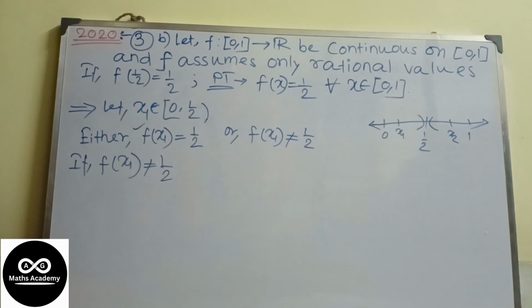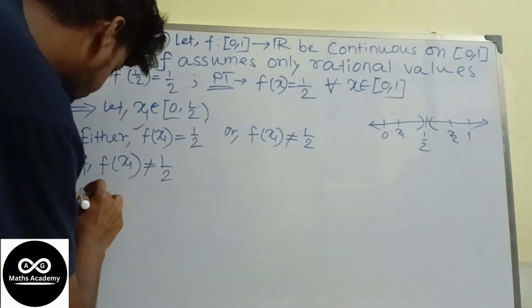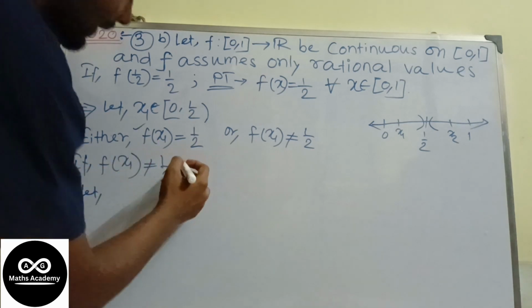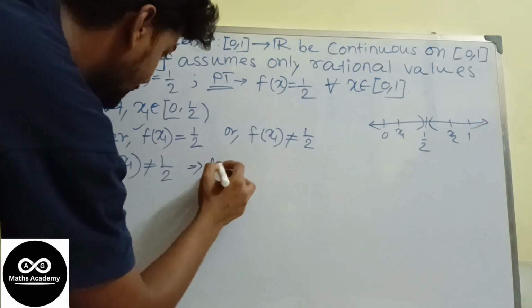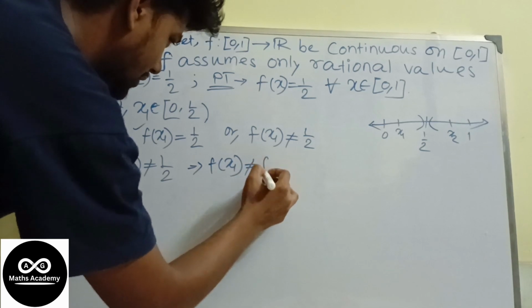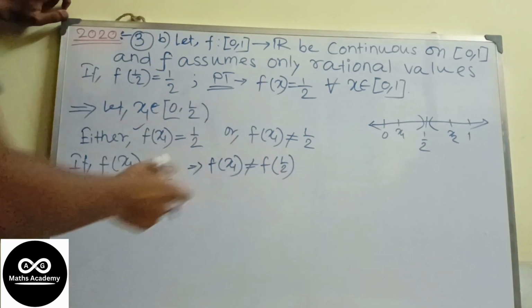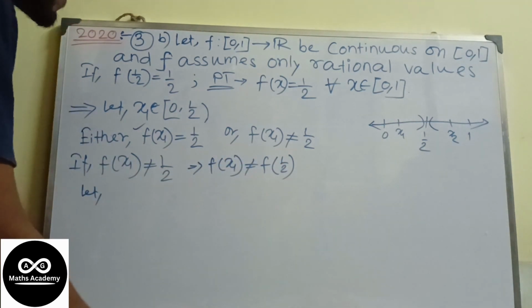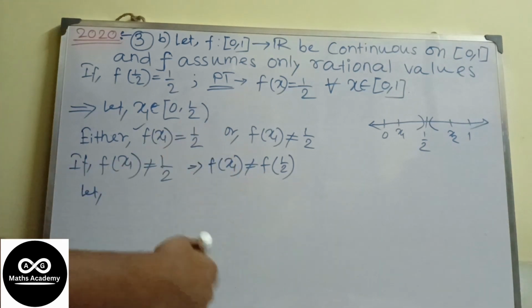Okay, now, as f of x1 is not equal to f of half, since f of half is half, so as they're unequal, there must be a real number between them.